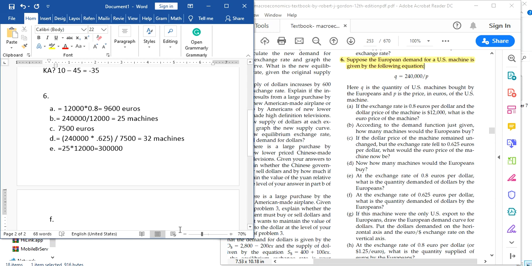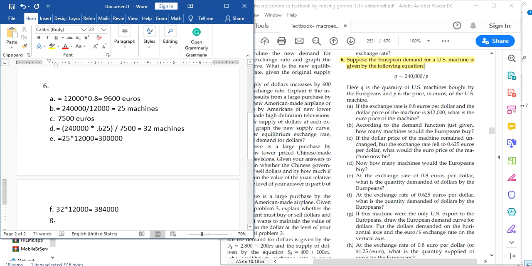So 32 multiplied by 12,000 equals 384,000.